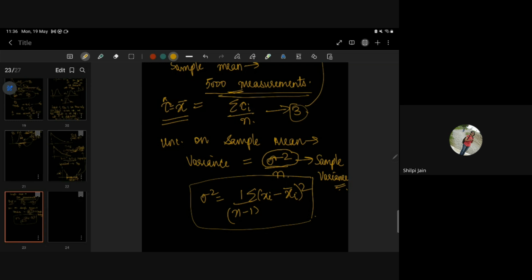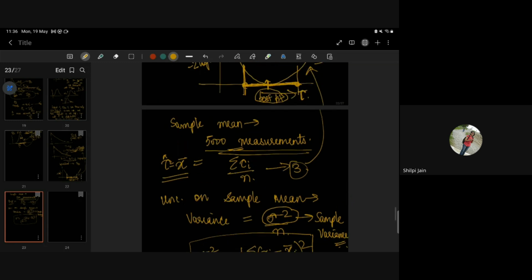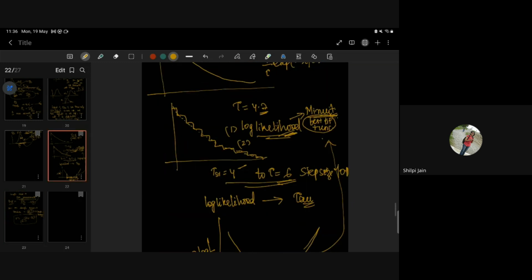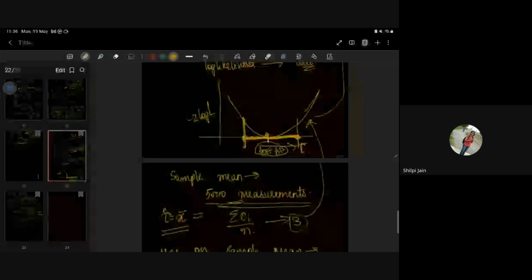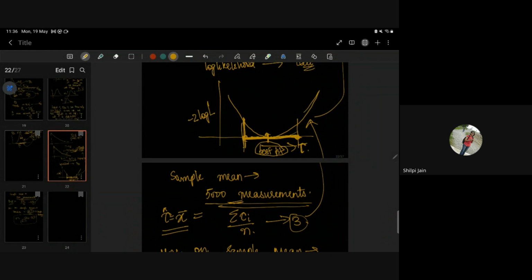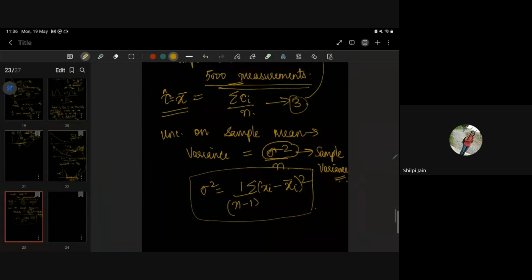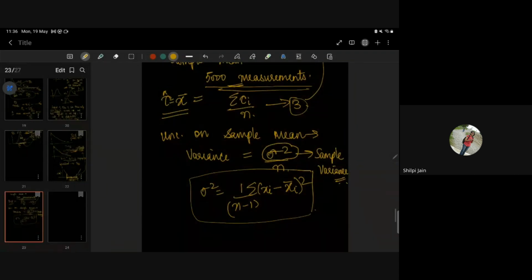So if you can compare these three things, I think that will be a good exercise, and you will learn from here how to construct likelihood by hand, and how to use this kind of distribution to get at the best fitted value of the parameter, and how to quote the uncertainty. In fact, this is what Minuit does. And then how does the sample mean compare with the two other ways.